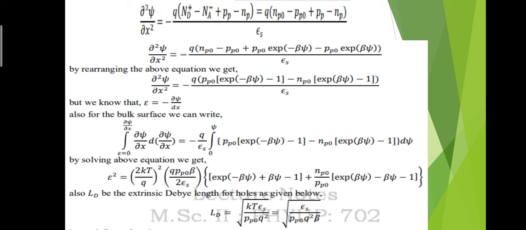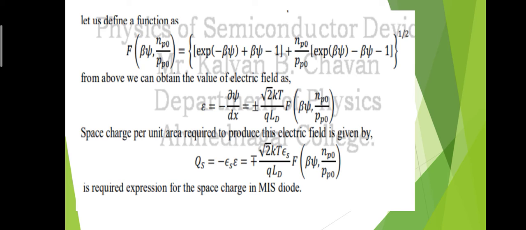Now we have to write the equation for epsilon. So substitute the value of this function and the value of LD in the epsilon square equation and take the square root, then we get epsilon such that epsilon is equal to minus ∂psi/∂x, which is equal to plus minus sign. Why plus minus sign?